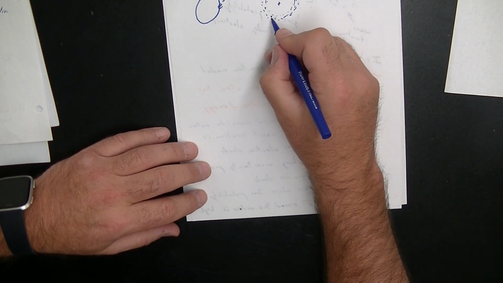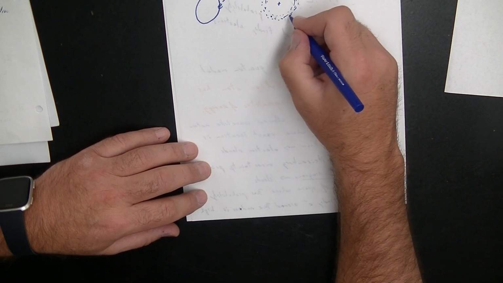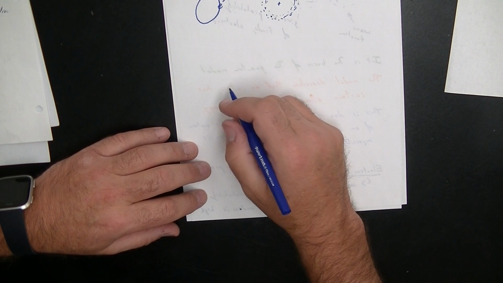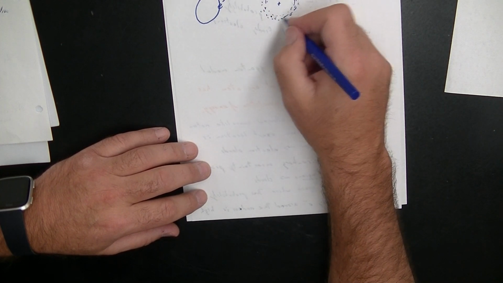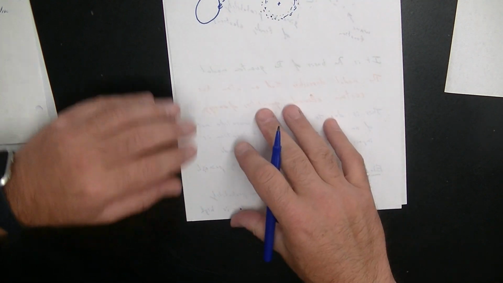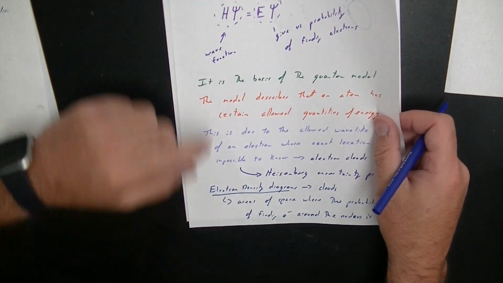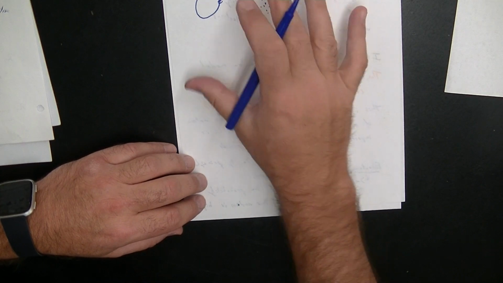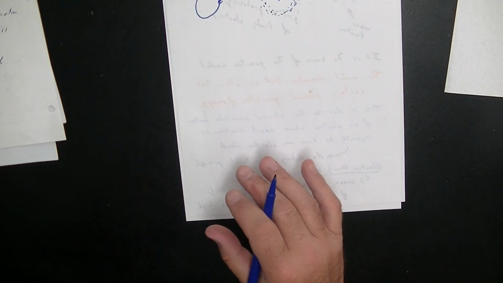He doesn't know if it's going to stay there. The more we know how it's moving, the less we know about where it is. So he uses his equation, and again, you don't really need to know that equation. But from this mathematical equation, he comes up with these probabilities, and he makes the clouds. And that's really all you have to know about Schrodinger.